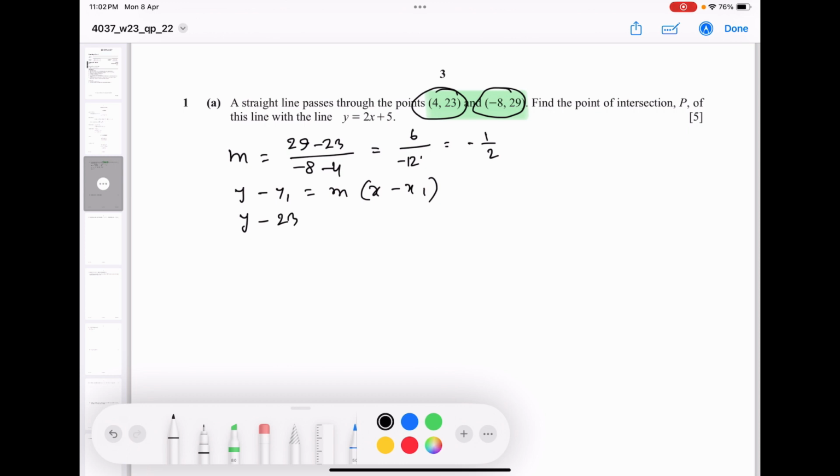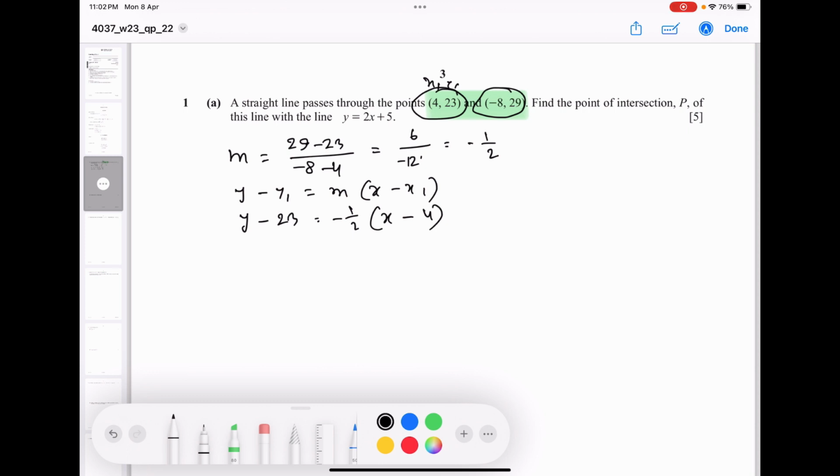First one is x1 and second one is y1. Now let me put the values. m is minus half, then x minus x1 is x minus 4. Now I got the equation.